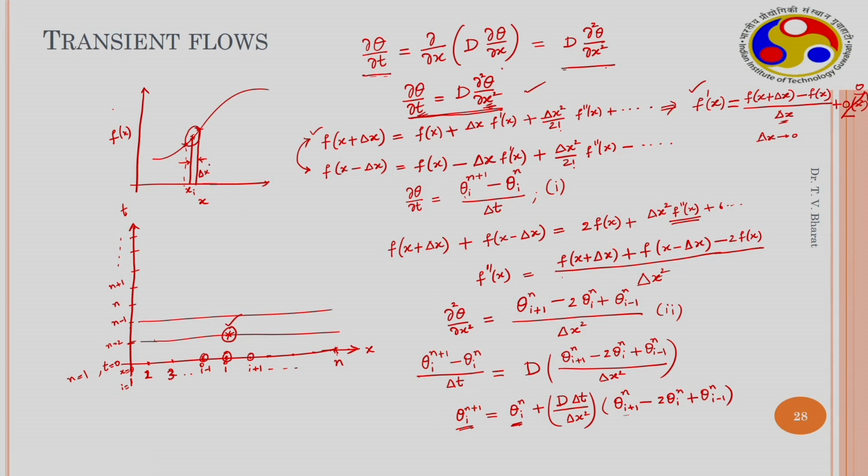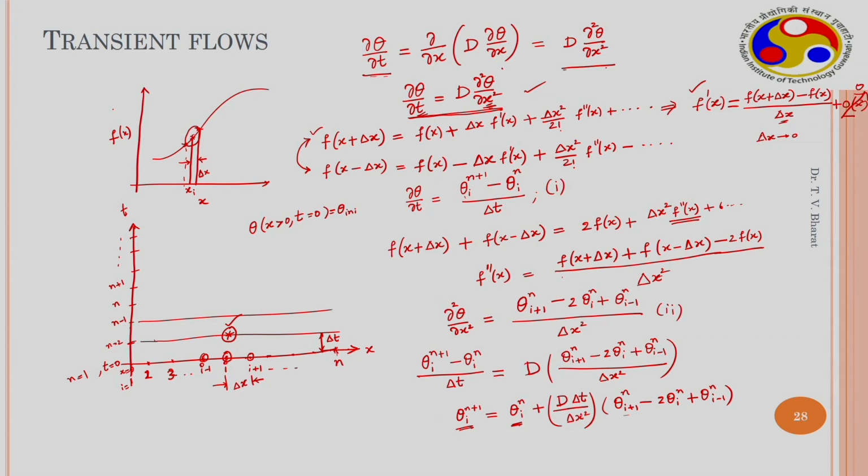As we have the initial condition in this particular case, theta at any given x greater than 0 when time t equal to 0 is equal to theta initial, we have the knowledge of theta along this grid. So, knowing these three terms, we can obtain theta in the next time step. So, this is a delta t and this is a grid point between two different points, delta x.